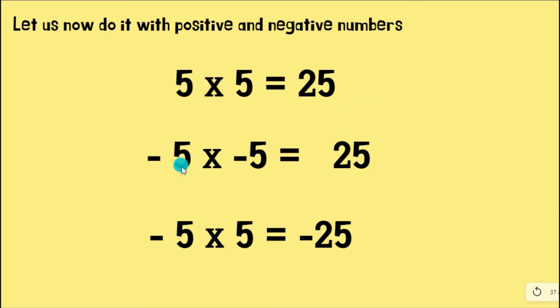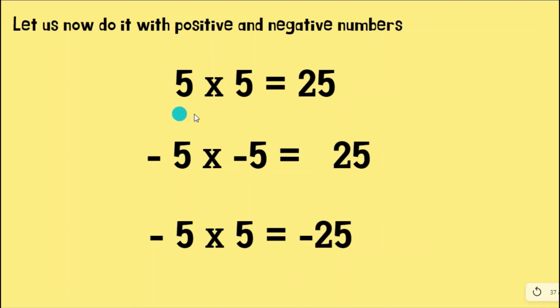And then a negative number multiplied by a negative number equals positive. So negative times negative equals positive. And then a negative number multiplied by a positive number equals negative. That's why negative times positive equals negative.